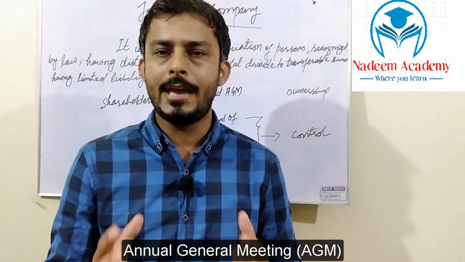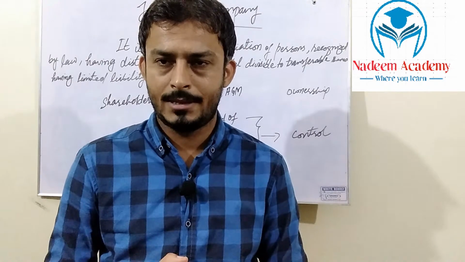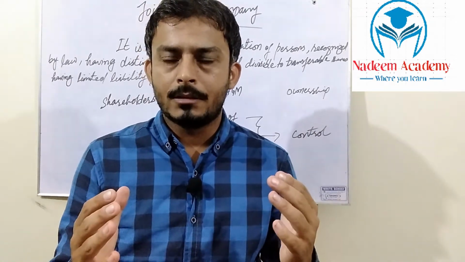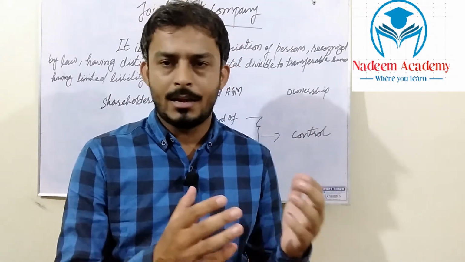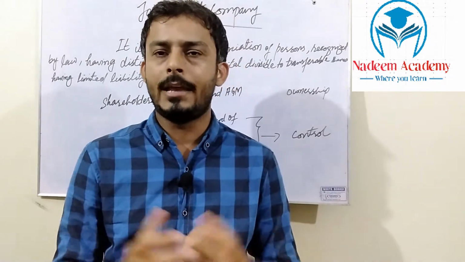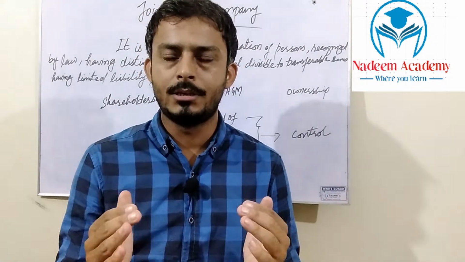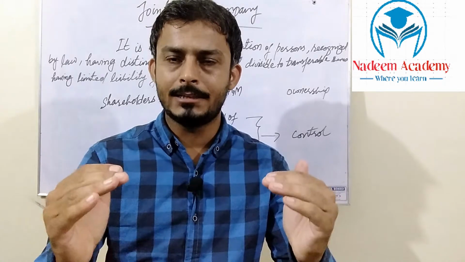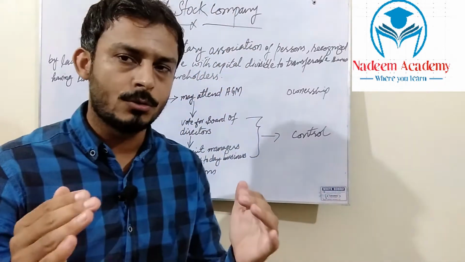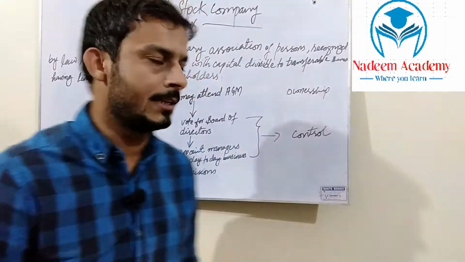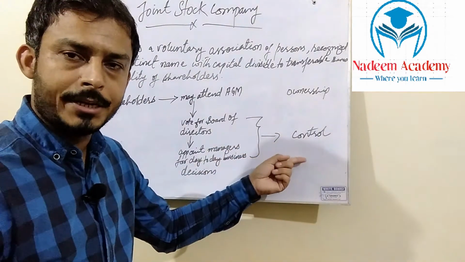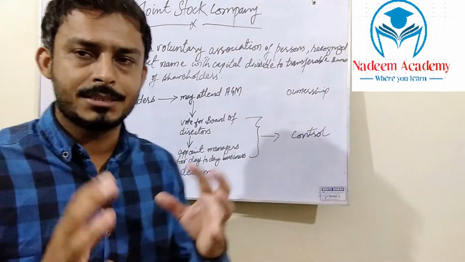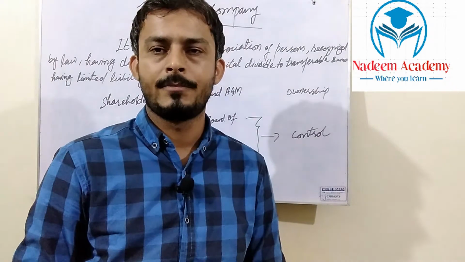AGM actually means annual general meeting. Every joint stock company is legally bound to call an annual general meeting. So shareholders can attend that annual general meeting, and shareholders are actually the owners of the business, but the control of the organization is not in the hands of the shareholders.